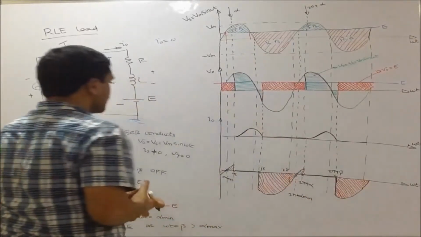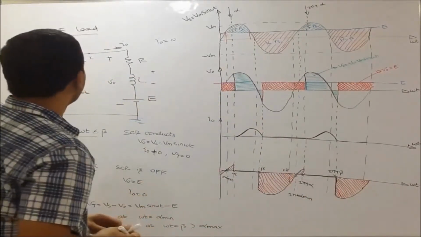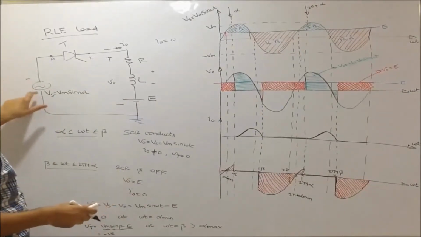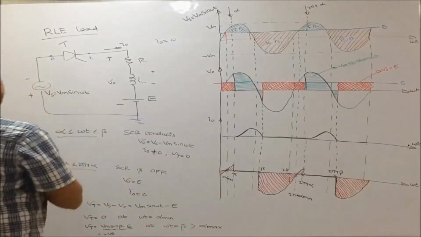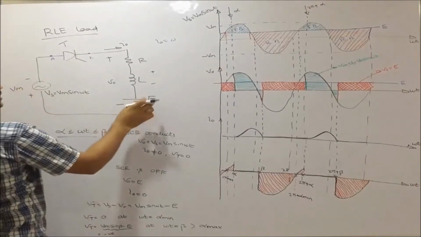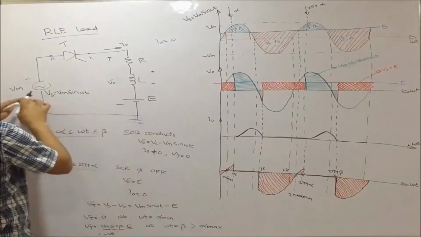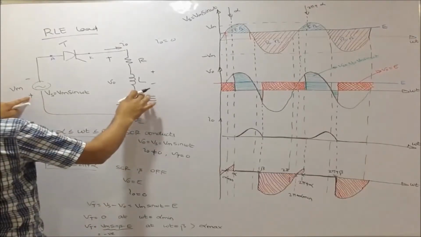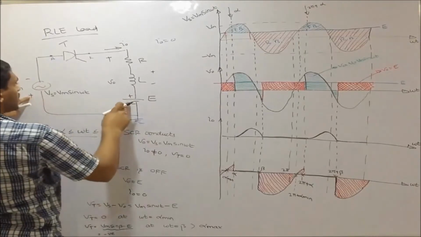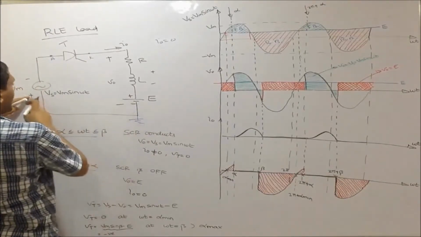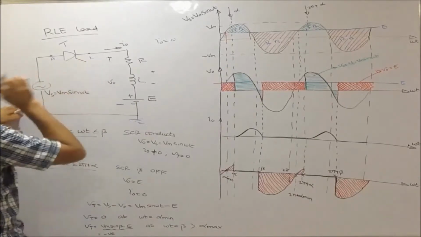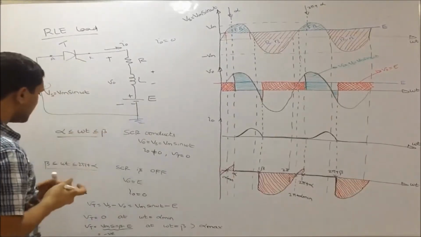So what about the peak inverse voltage across the thyristor? The peak inverse voltage across the thyristor comes in the negative half cycle. When this becomes minus Vm, and this is already E, the plus and minus add, so the effective voltage across this one is Vm plus E in the reverse direction.